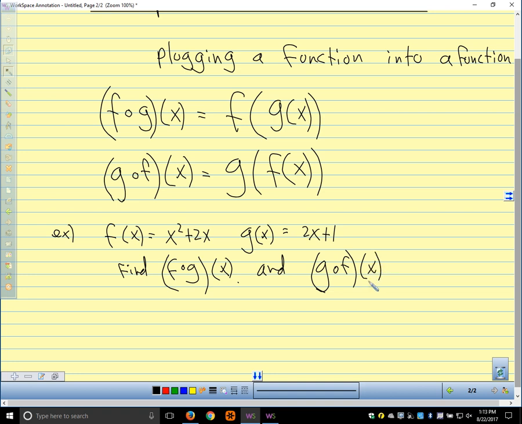I think our book always puts the variable in there, but it's not incorrect to say just f of g and assume the variable x.